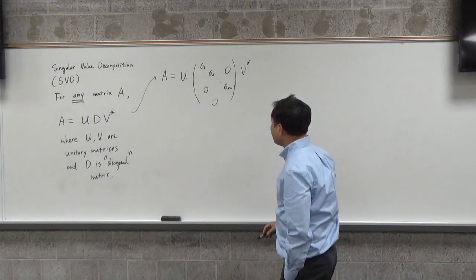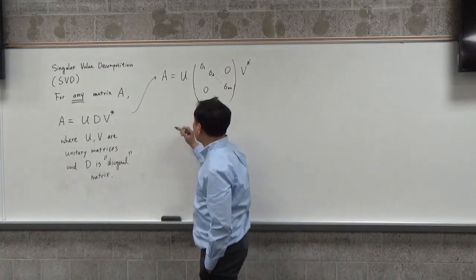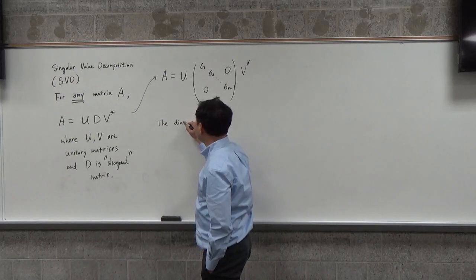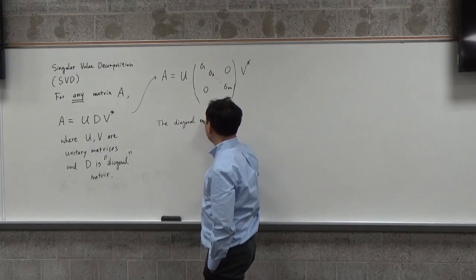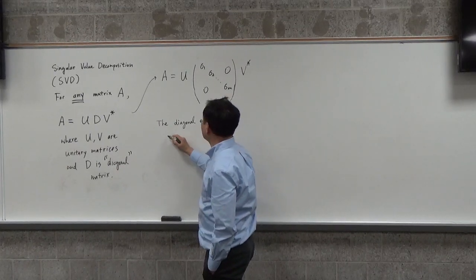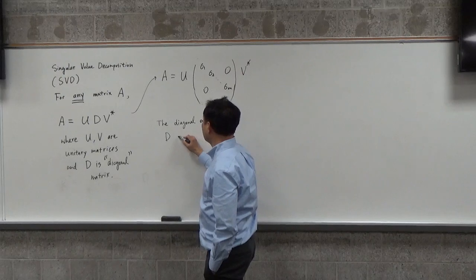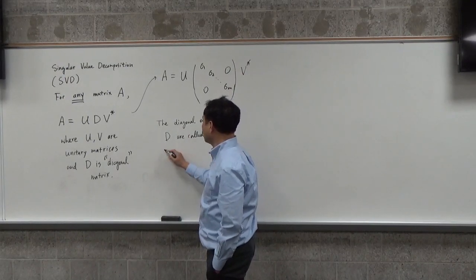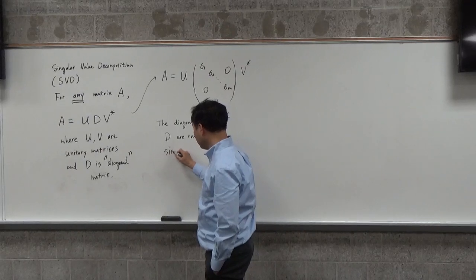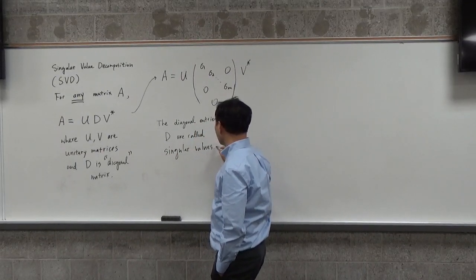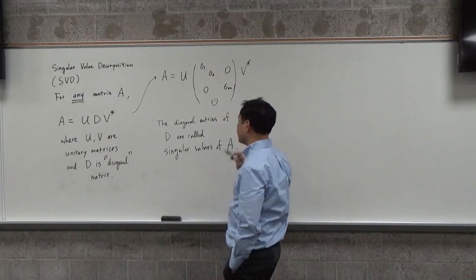And in such a case, the diagonal entries of D are called singular values of A. Okay.